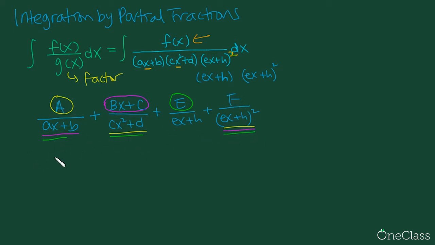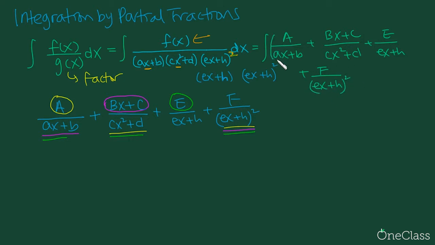And so you'll be laying out a system of equations and simultaneously solving for A, B, C, D, E. Once you've done that, you can expand the integral out as A over (ax + b) plus (Bx + C) over (cx squared + d) plus E over (ex + h) plus F over (ex + h) to the power of 2, and this whole thing over dx.